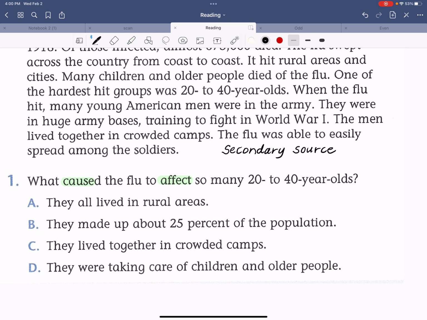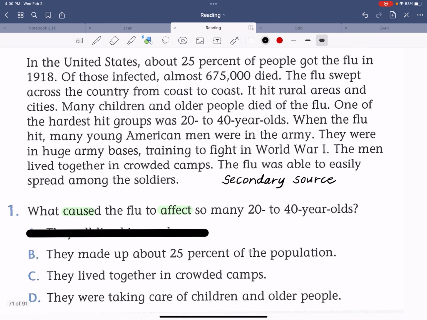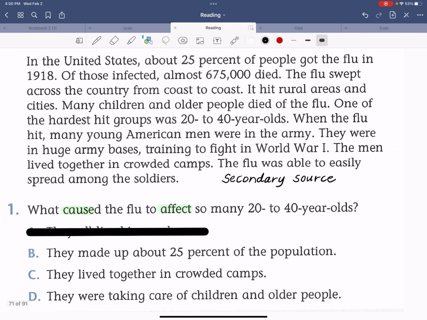A, they all lived in rural areas. Is that true? Not at all. It talked about rural areas and cities. So that one is just not true. They made up about 25% of the population. Well, that's not true. The 25% of the population are people who got the flu, not the people in this age range.